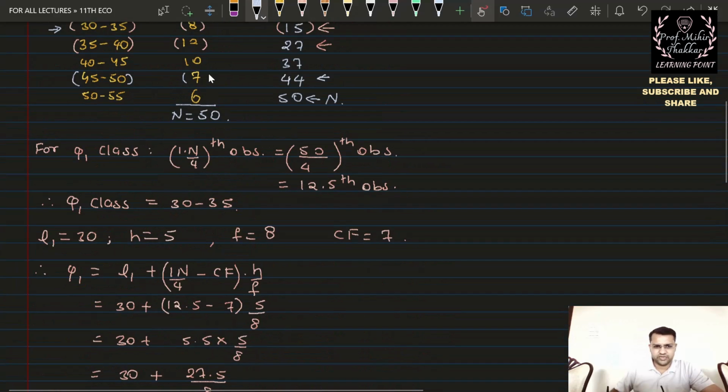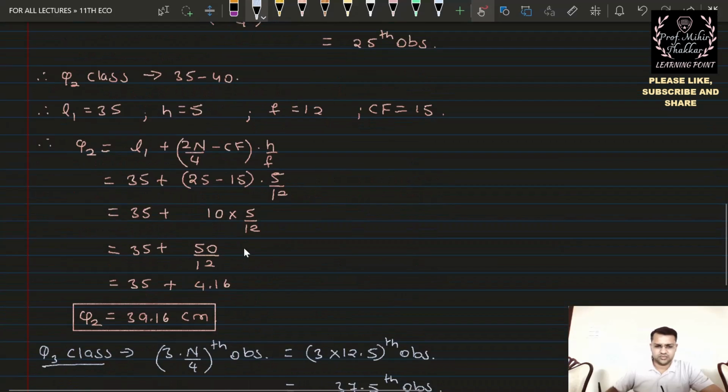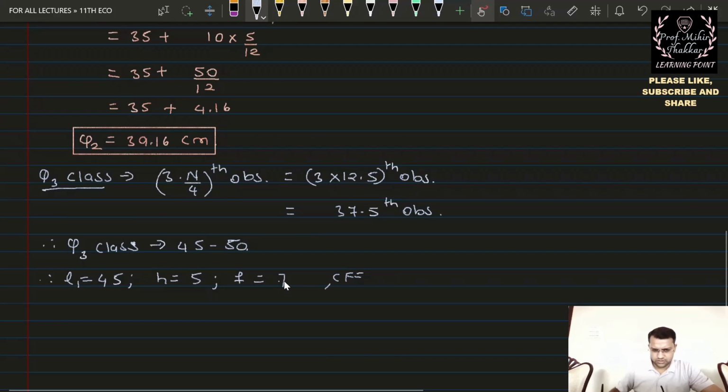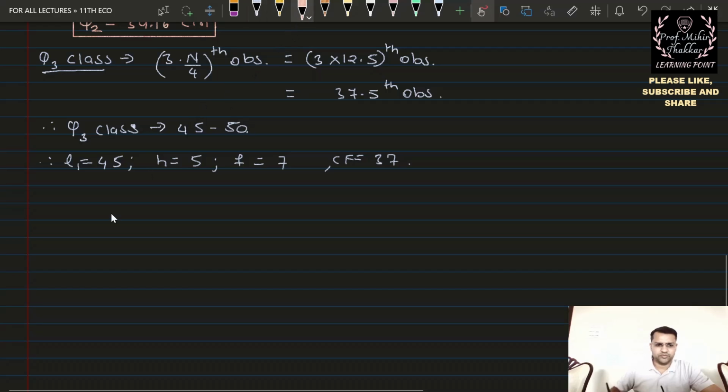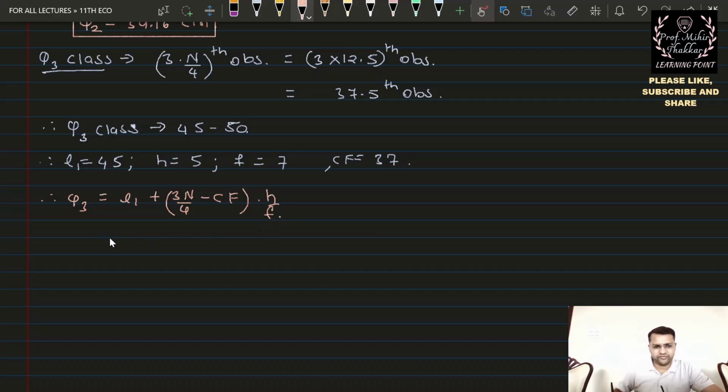It is 7 and the cumulative frequency is 37. So as per my formula, I will get Q3 is equal to L1 plus (3n upon 4 minus Cf) multiplied by h by f.